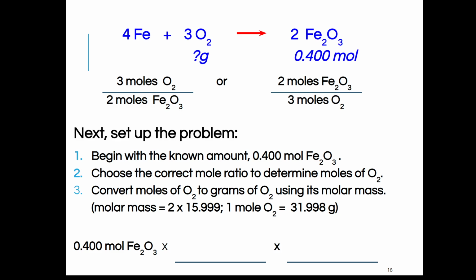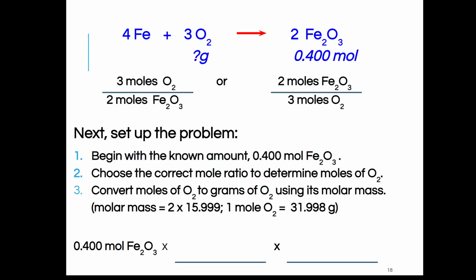From this equation, we're going to have to get rid of iron, because we're in moles. So once we're in moles, that means that we can automatically use our mole ratio. So we're going to use our mole ratio, and we're going to go ahead and get rid of iron, okay?